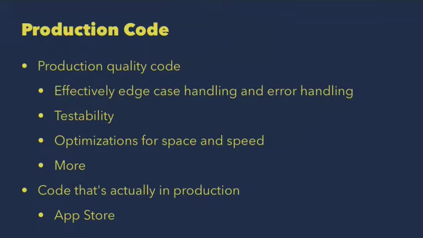It handles edge cases and errors effectively, it has unit tests covered, the code is testable, and the code is optimized for space and speed, and a lot more. Another thing is the code is actually in production. For us, it means in the App Store, and for a website, it means every normal user needs to access it.